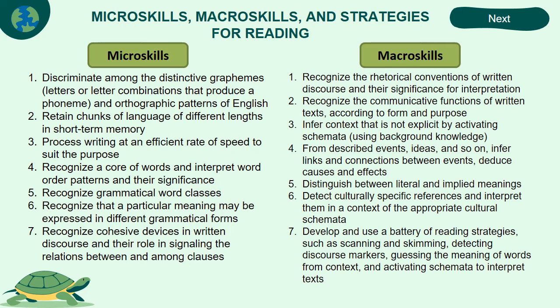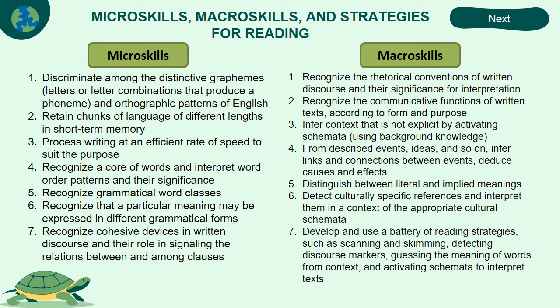The sixth micro skill is to recognize that a particular meaning may be expressed in different grammatical forms. The sixth macro skill is to detect culturally specific references and interpret them in the context of the appropriate cultural schemata.